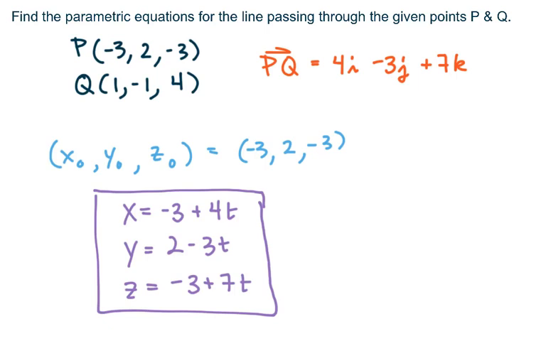Now, for my x naught, y naught, and z naught, I chose point P, but it's also possible to choose point Q. What we notice here is that the parametrizations are not unique per se, because both the base point and the parameter can change.